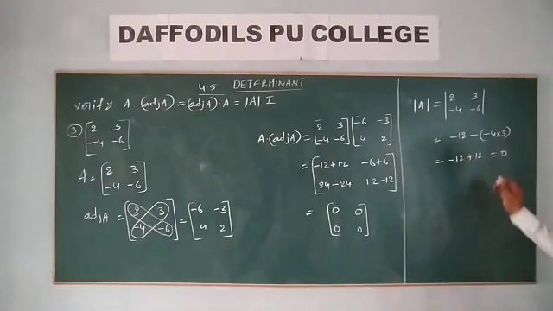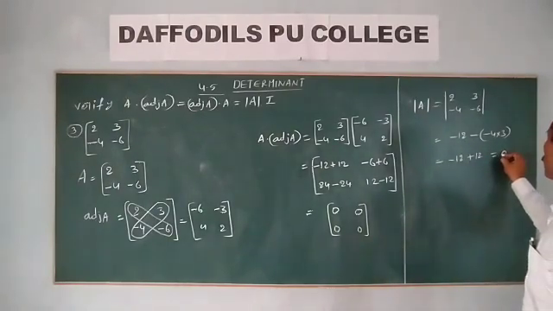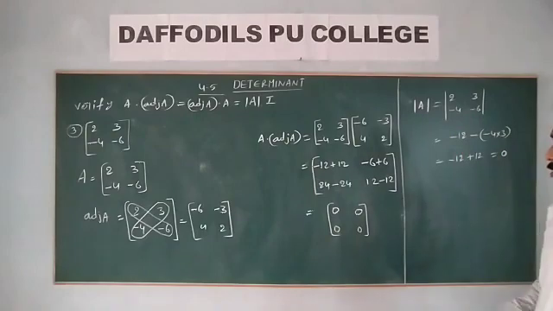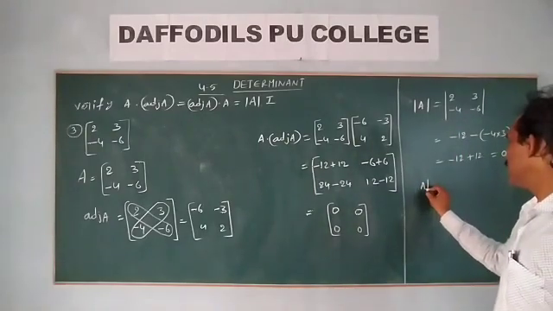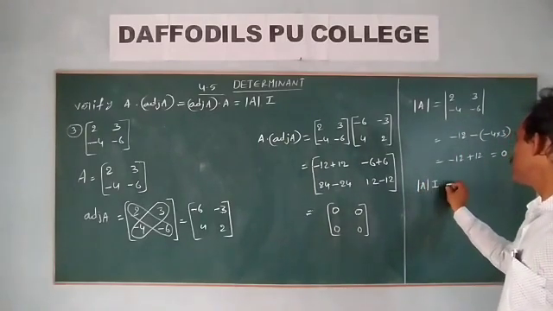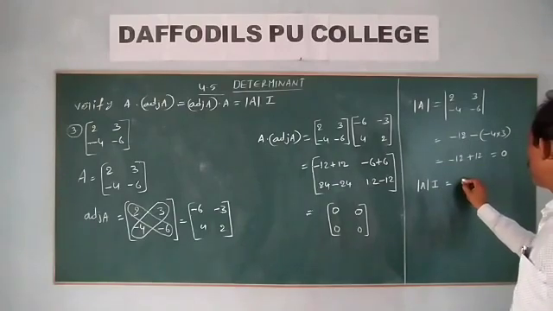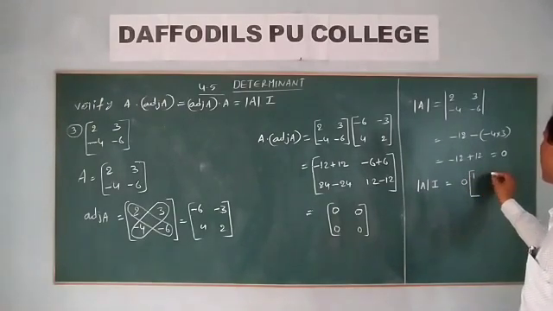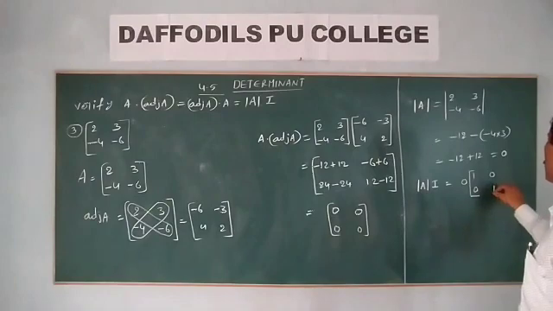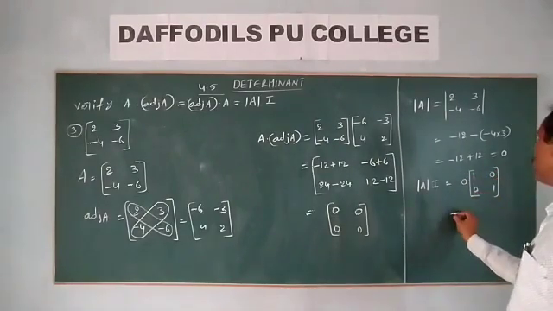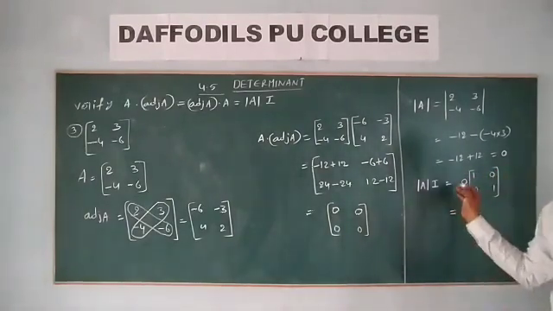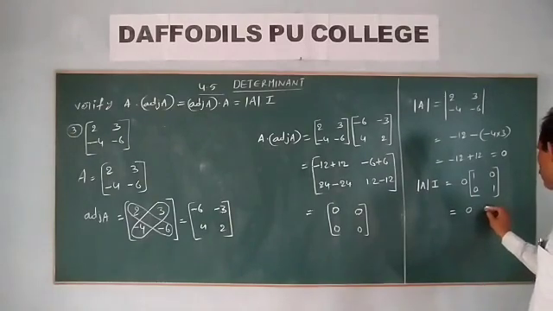So the determinant value is 0. Therefore det A into I, where I means the identity matrix 1 0 0 1, is 0 multiplied with all values, so 0 0 0 0.